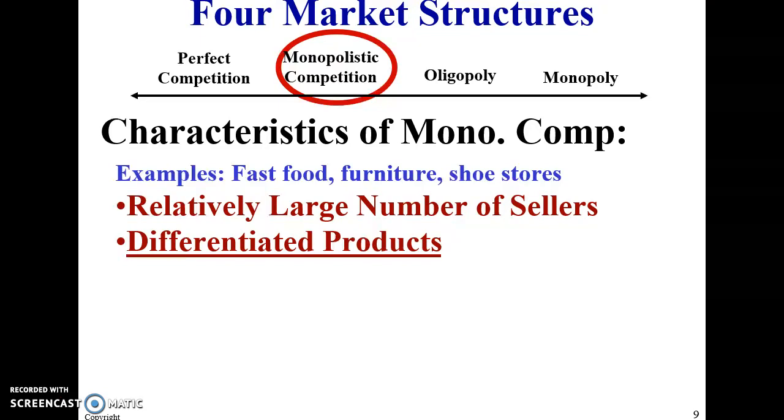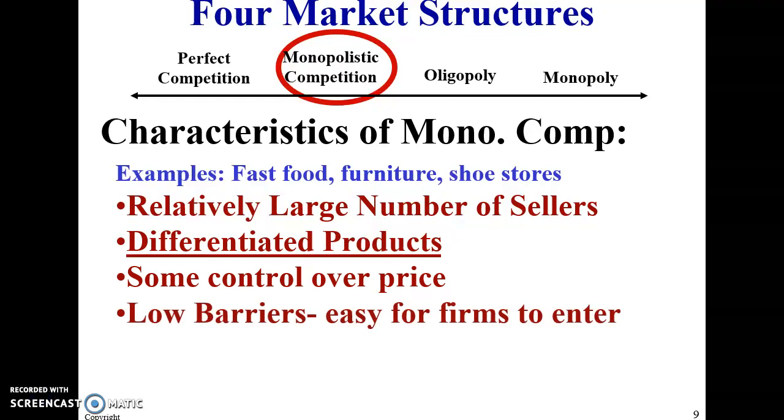Then you have a Wendy's hamburger, you have a McDonald's hamburger, you have a Five Guys hamburger, you have a Shake Shack hamburger. There's lots of different characteristics of the hamburger that differentiate it from their competitor. So they do have some control over price. And it's generally pretty easy to enter this industry. If you want to sell hamburgers, you can break into the market.